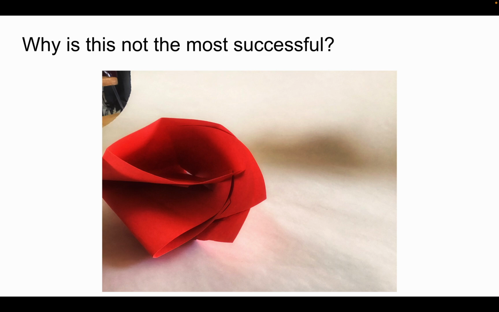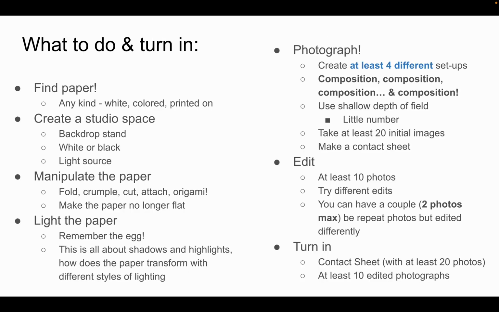So always, always, always pay attention to what is happening around your main subject. Okay? The paper is not going to be big. Okay? So the space you have to work with, you should be able, in theory, to avoid taking pictures of stuff that's off the backdrop.